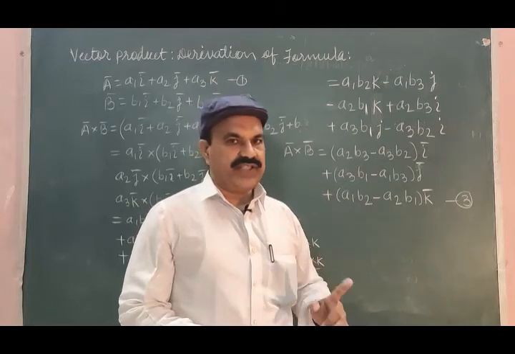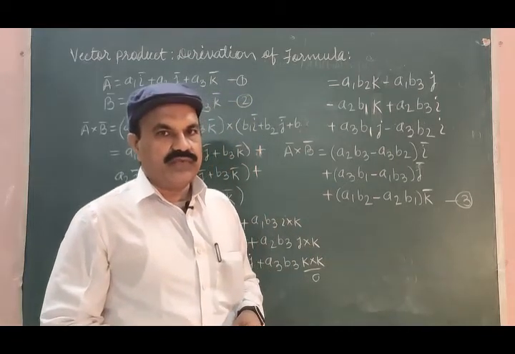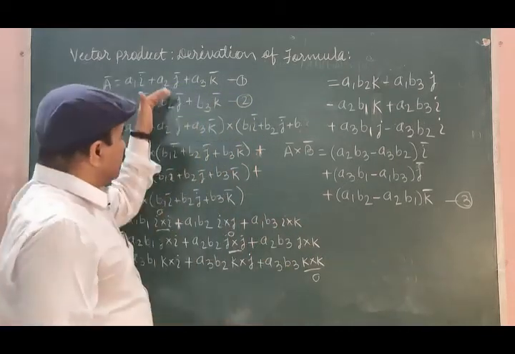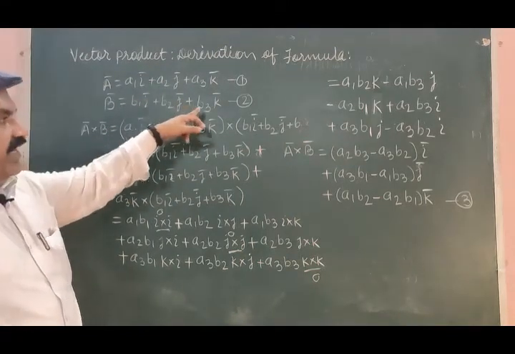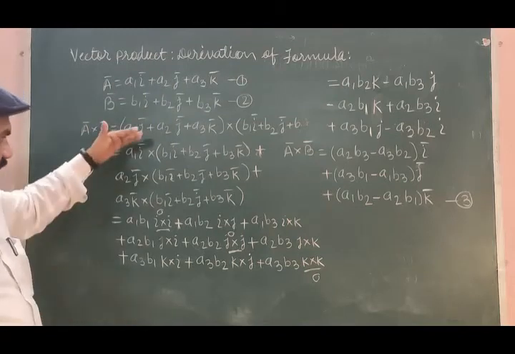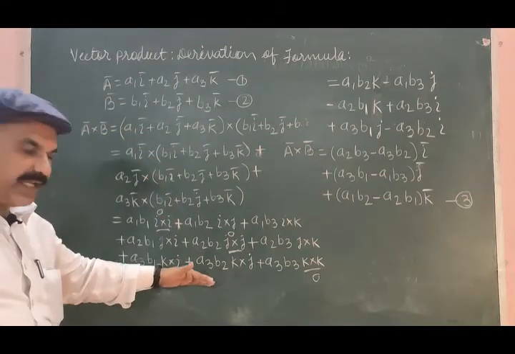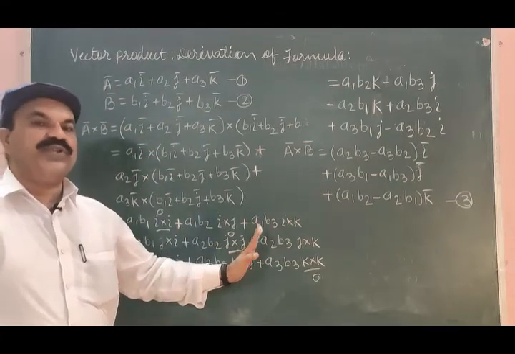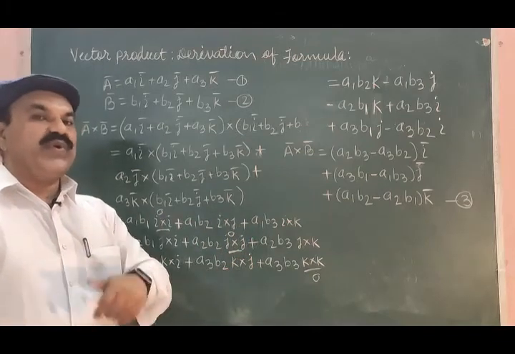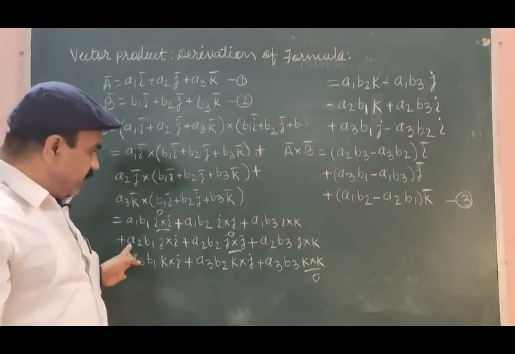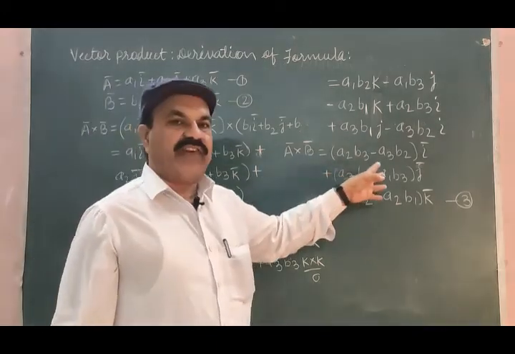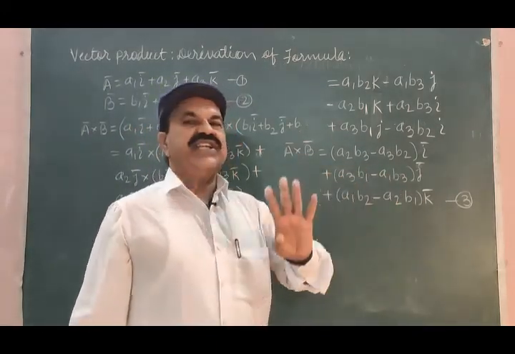So in this lecture we have derived the relation for cross product of vector A and vector B. We solved this step by step. In this step we used the 9 formulae we discussed in the earlier lecture, and putting in these formulae, the final formula we got is equation 3.